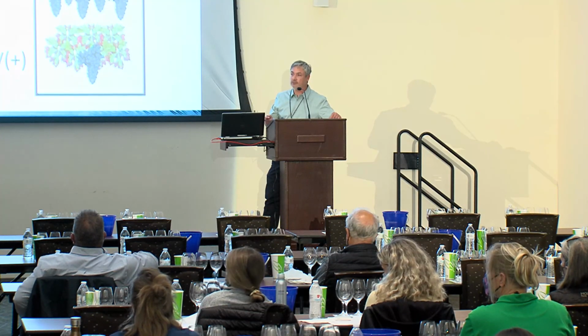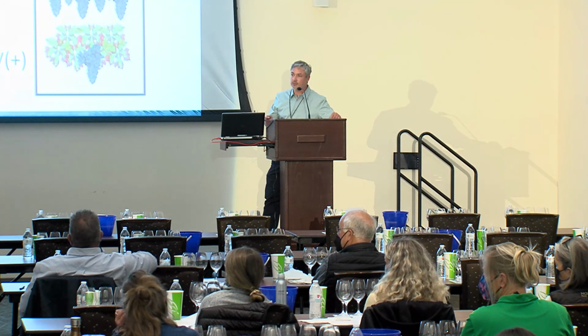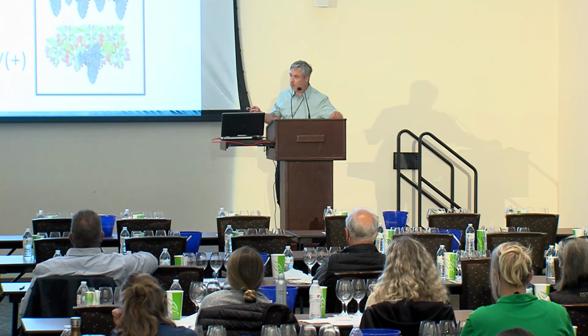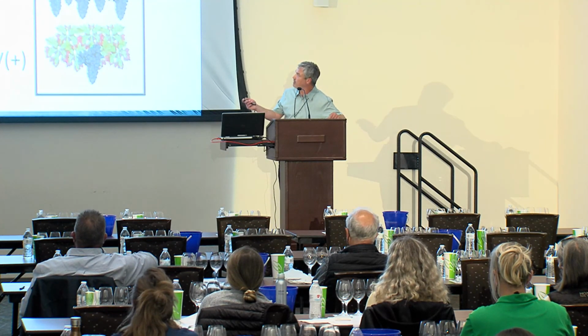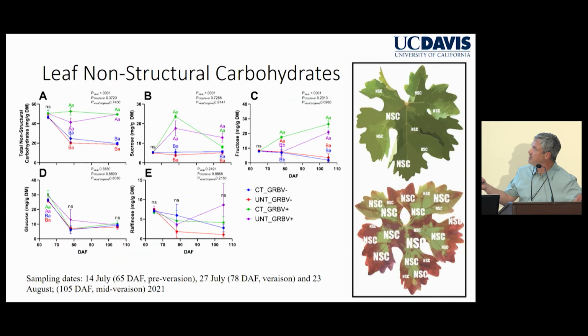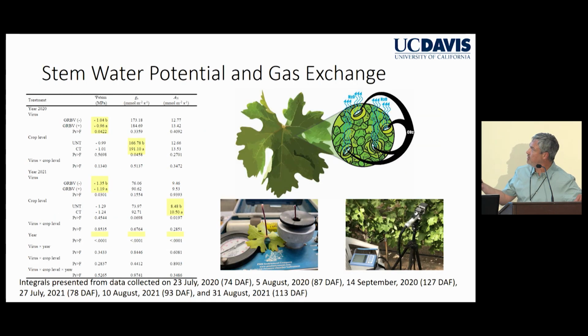Yes, sir. What price reduction was there for red blotch fruit compared to non-infected? Yeah, so I used the level here of the price point that we've gotten over the last couple of years, but definitely this is a negotiation. So let me bring that up.